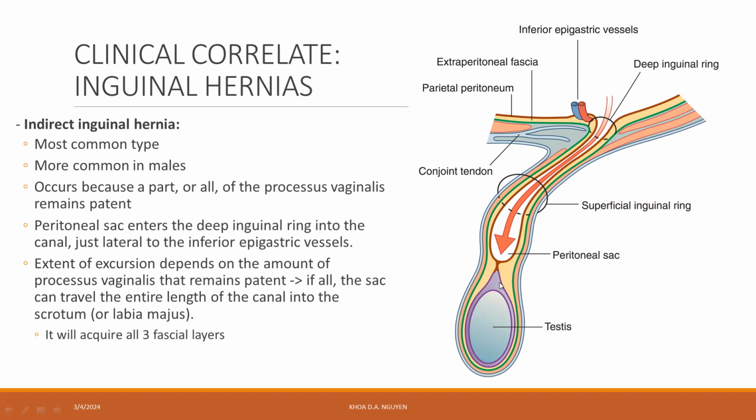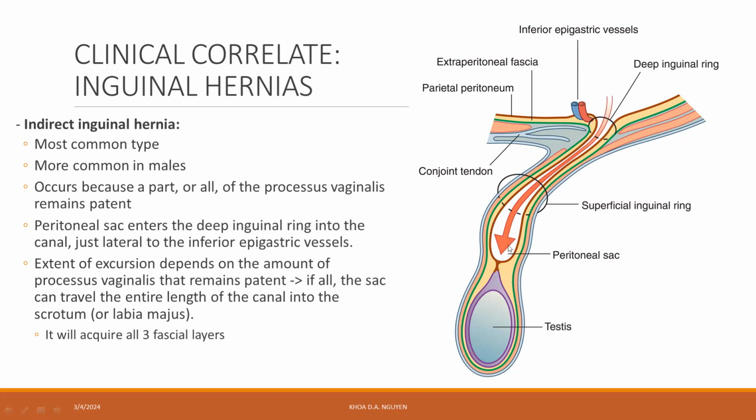Now, imagine what would happen if the processus vaginalis doesn't get cut off, okay, from the abdominal or the peritoneal cavity. Well, then it's easy. Things like the intestine and peritoneal sacs will be able to herniate its way through this. Okay, like for example, you can see right here, there is a peritoneal sac that herniates through, okay, the inguinal canal in order to get into the scrotum.